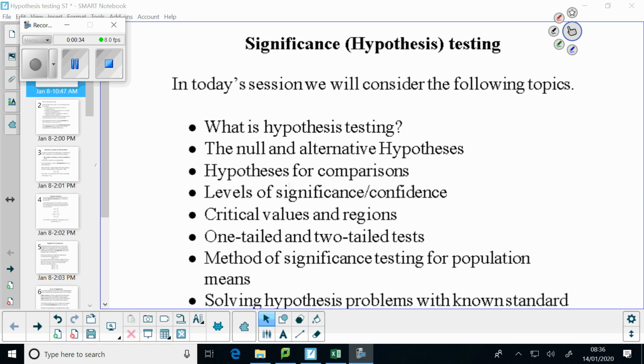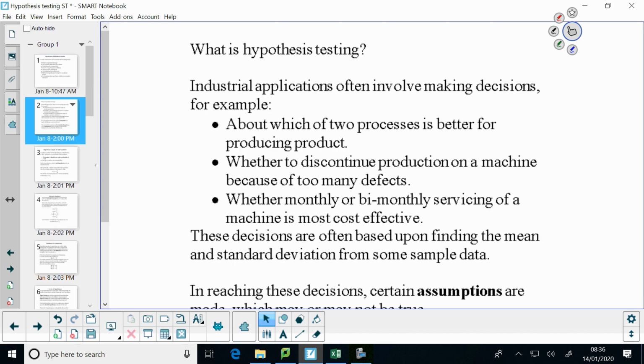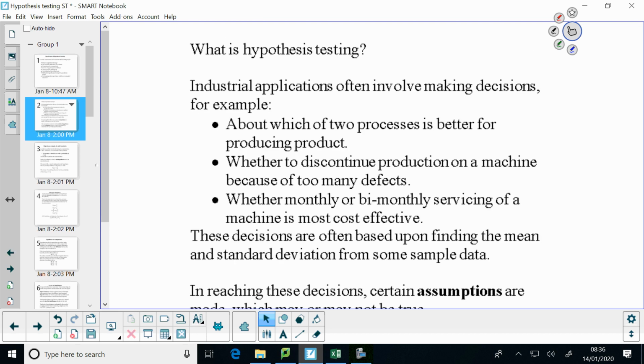We're going to look at the methods of significance testing for population means and look at problems involved. So that's the session. Hypothesis testing. Right.